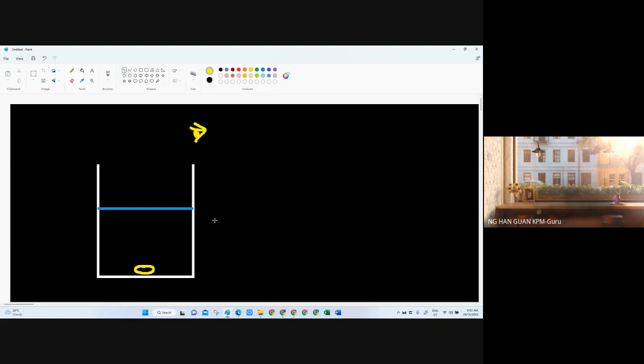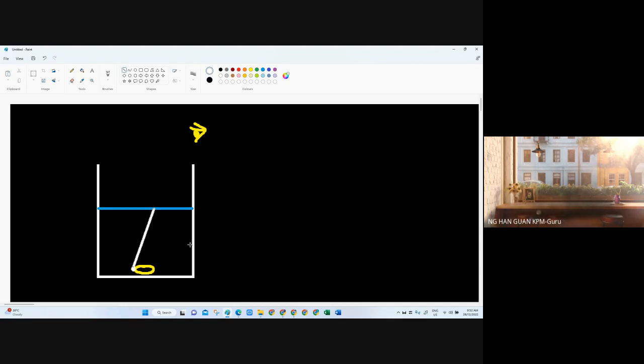So what you need to do is you need a fixed point as a reference point on the object itself. So let's say I fix a point at the edge here as a reference point. From this reference point, I draw a straight line, okay, a straight line from this point toward the surface here.